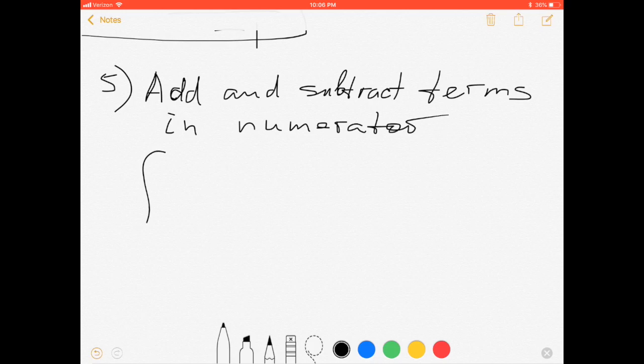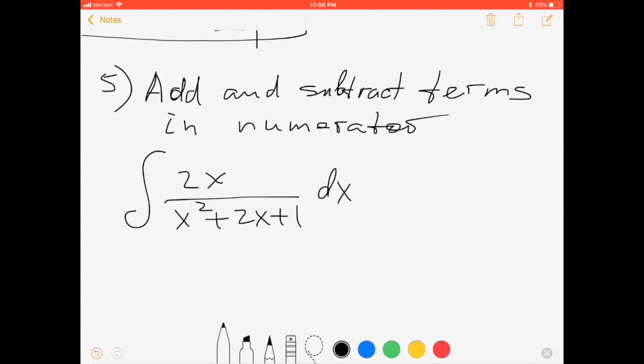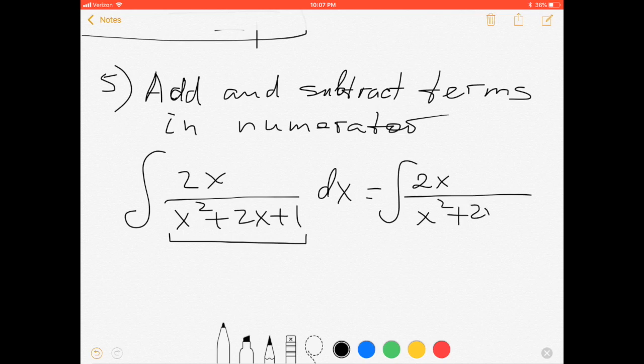For example, I have the integral of 2x over x squared plus 2x plus 1 dx. What do I need to subtract? If I look at my whole denominator, I see its derivative: 2x plus 2. What do I do? I have 2x, x squared plus 2x plus 1 is not changed, dx is not changed.